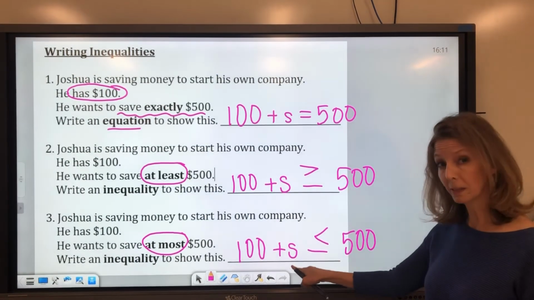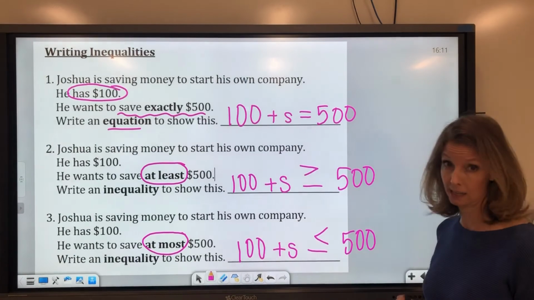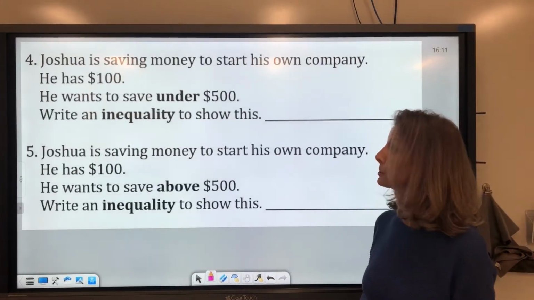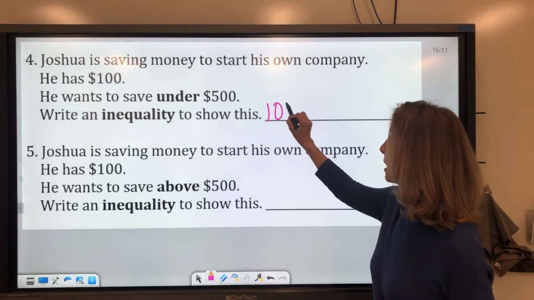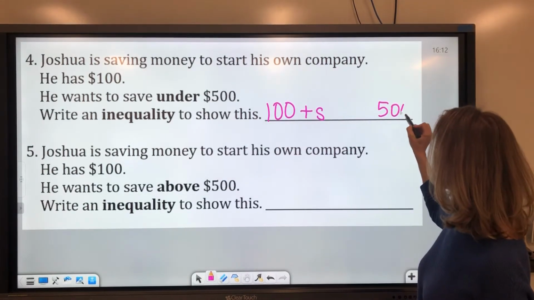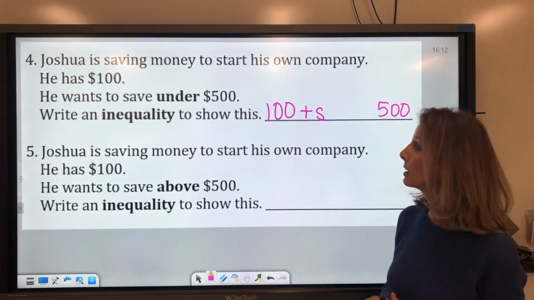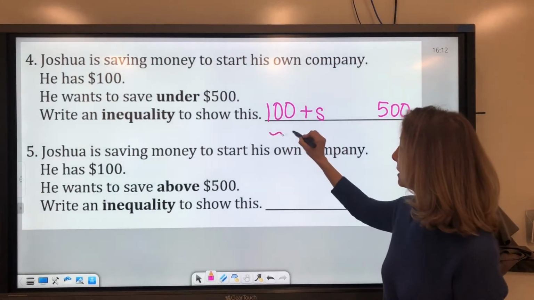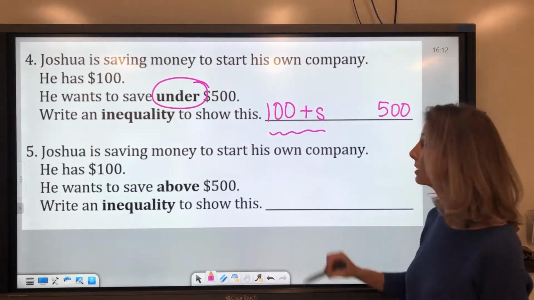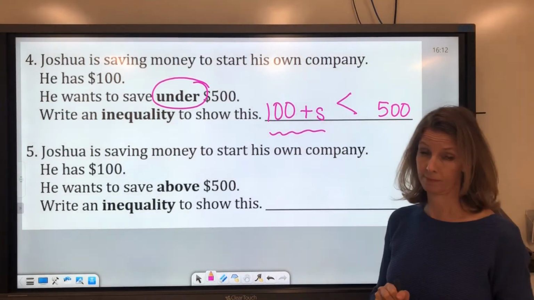So 100 plus what he still needs to save is less than or equal to 500. Some more examples. By now you know we've got the 100 plus the S and the 500. So let's look at our key word. He wants this part right here to be under 500, so to be less than.